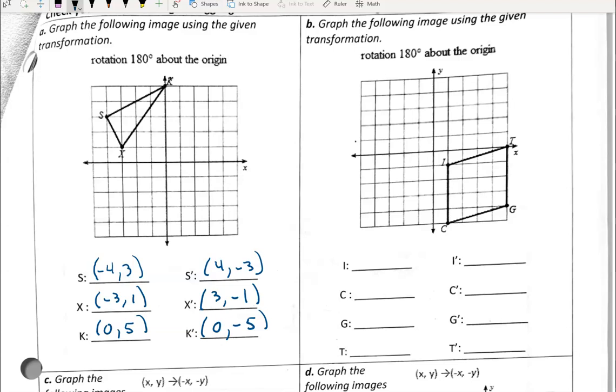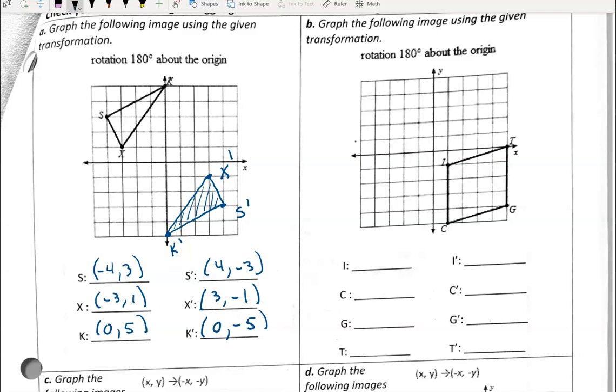So we'll go ahead and graph these 3 points. So I have (4, -3), and we'll label that S prime. (3, -1), X prime, and (0, -5) is K prime, and then I'll connect these. And here we have the image.